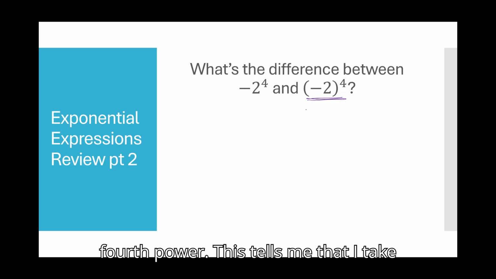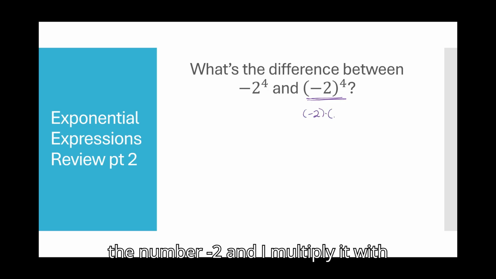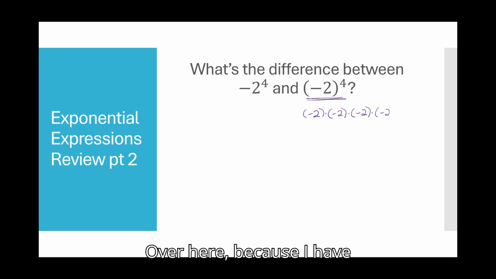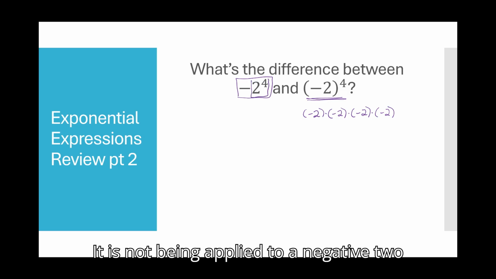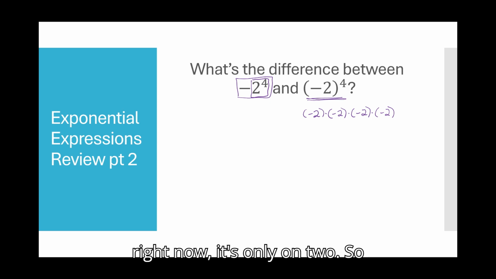This tells me that I take the number -2 and I multiply it with itself 4 times. Over here, because I have PEMDAS, I need to apply the exponent before I do anything else, and this exponent is only on 2. It is not being applied to a -2 right now, it's only on 2.